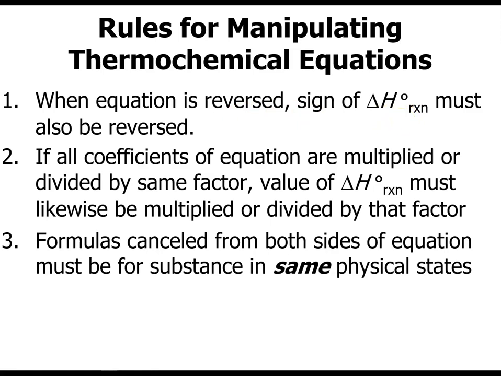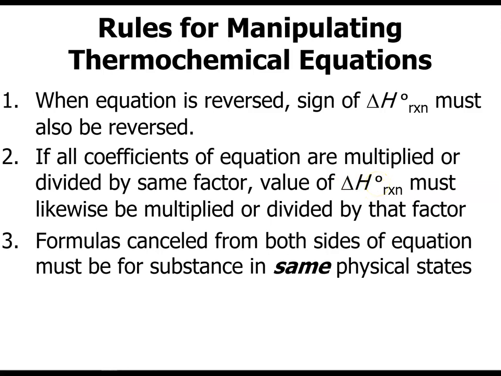So in those diagrams, remember, if we're going from reactants to products, we can actually swap that. We can go from products to reactants, but we have to change the sign from a positive to a negative or a negative to positive. Next, if the coefficients in equations are multiplied or divided by the same factor, that enthalpy must also be multiplied or divided.